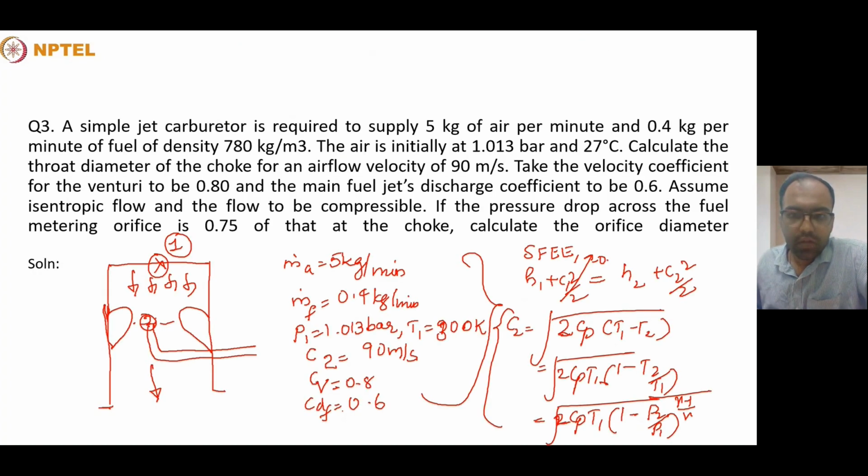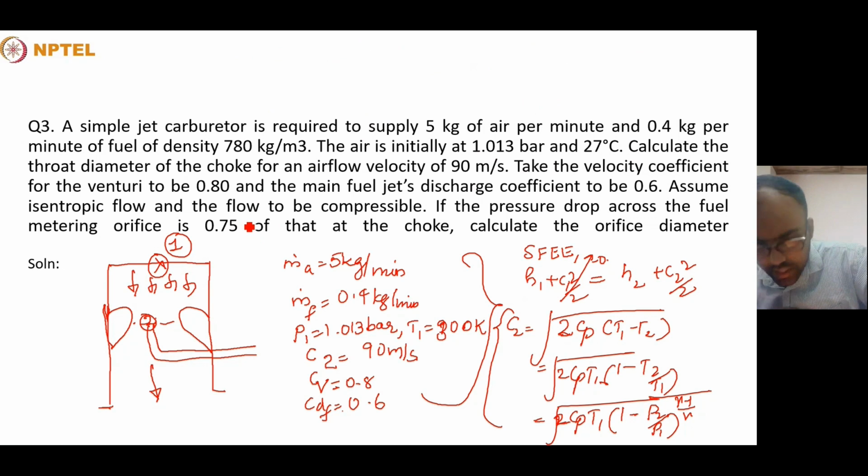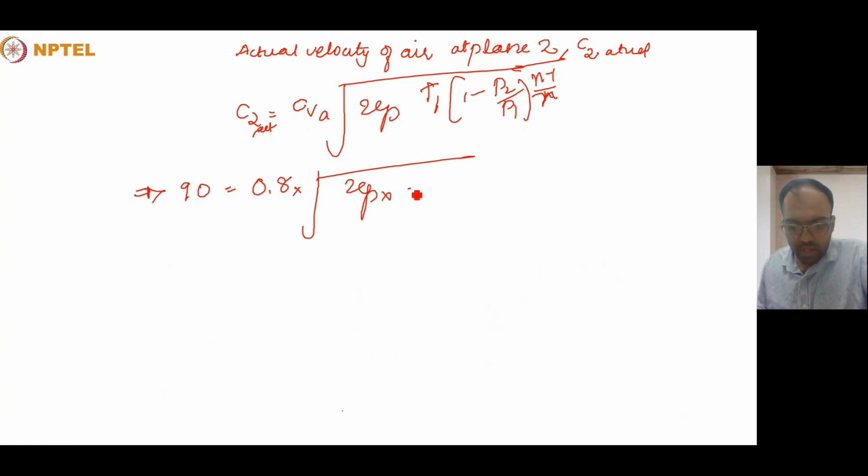In this particular problem, we need to calculate the pressure and the orifice diameter. So the actual velocity is given as 90 meter per second. So 90 meter per second is equal to 0.8 into the square root of 2Cp into T1, where T1 is equal to 300 Kelvin.